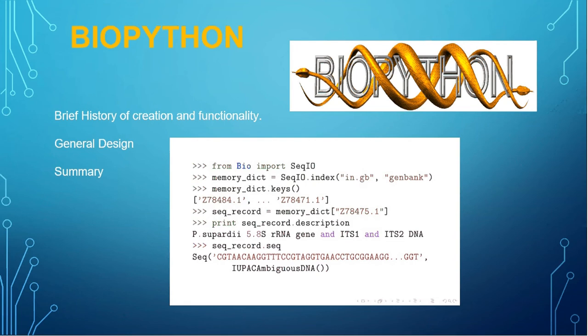For a brief history of creation and functionality, BioPython development began in 1999 and it was first released in July of 2000. The initial scope of BioPython involved accessing, indexing, and processing biological sequence files. While this is still a major focus, over the following years added modules have extended its functionality to cover additional areas of biology.